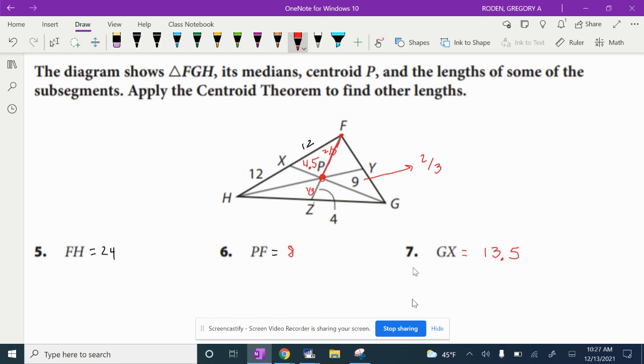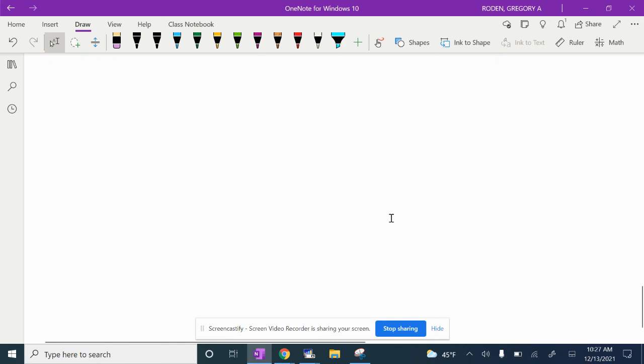Okay. Now, here's another thing. I had this kid say this, and I want you to tell me whether he's correct or not.